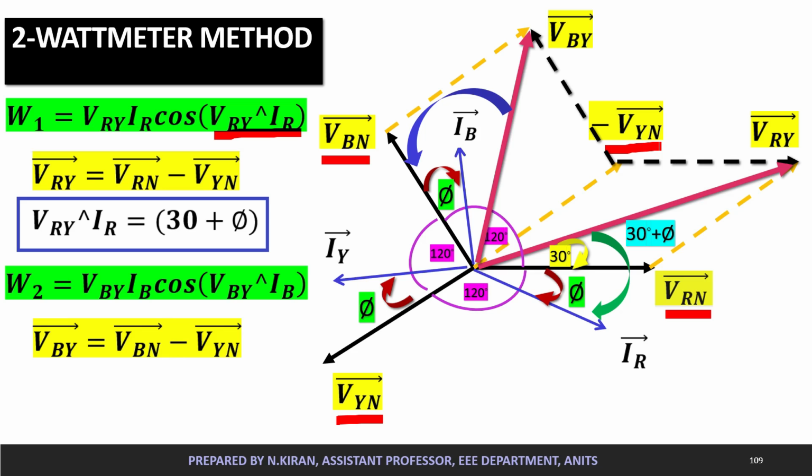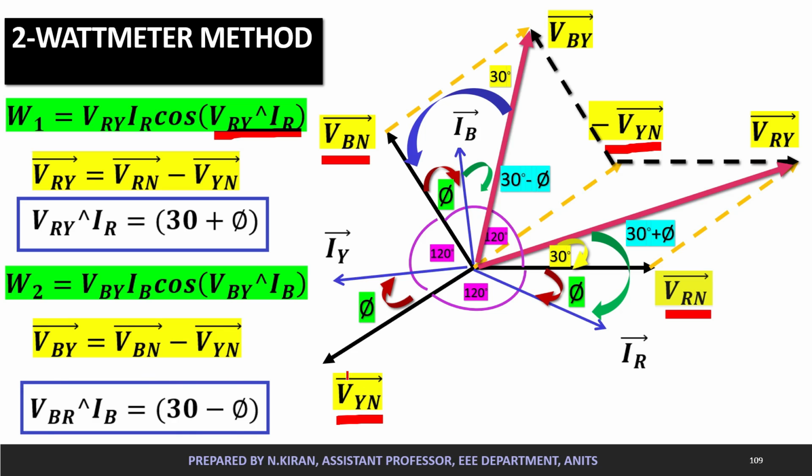The angle between the line voltage and phase voltage is 30 degrees, as we are aware. Therefore, from this phasor diagram, I can conclude that the angle between VBY and IB is 30 minus phi.